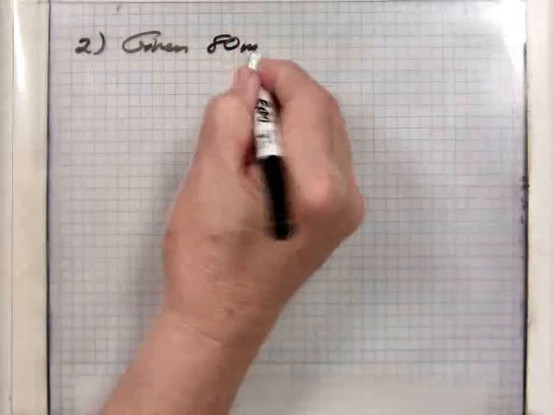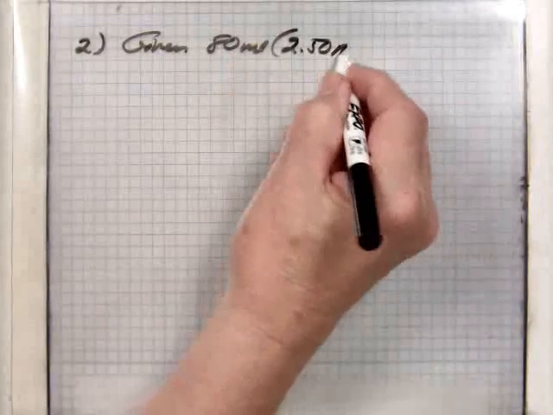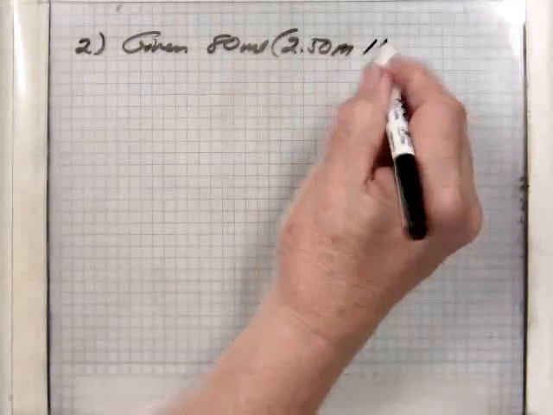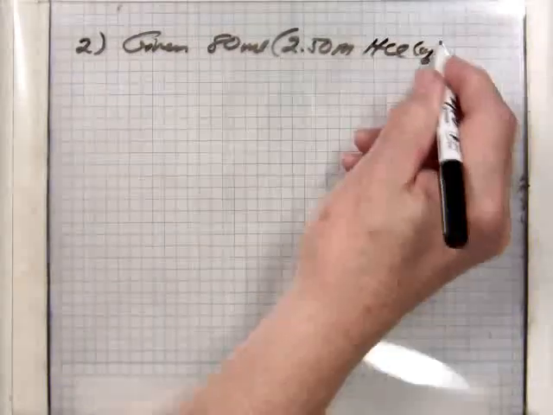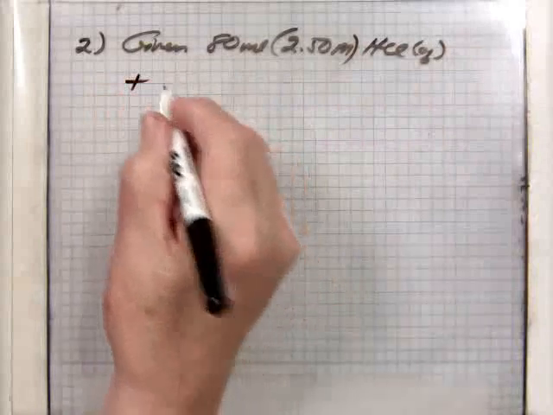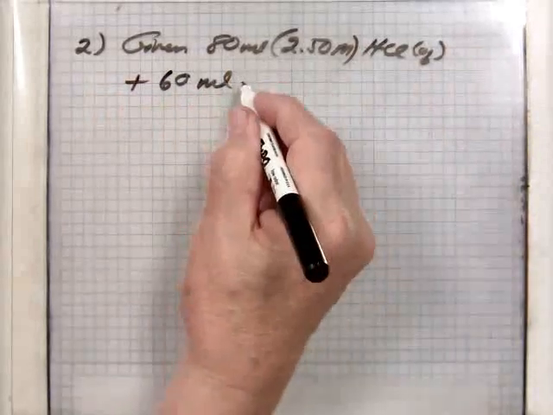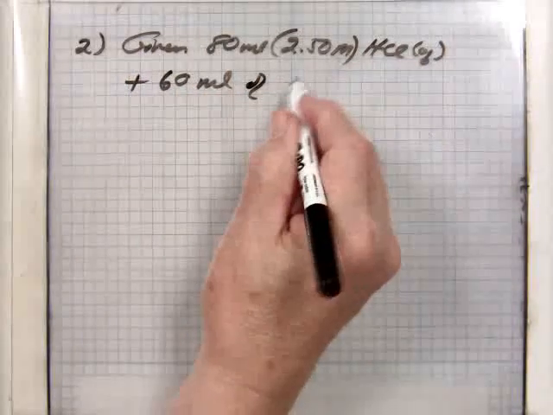80 milliliters of a 2.50 molar HCl solution plus 60 milliliters of solvent.